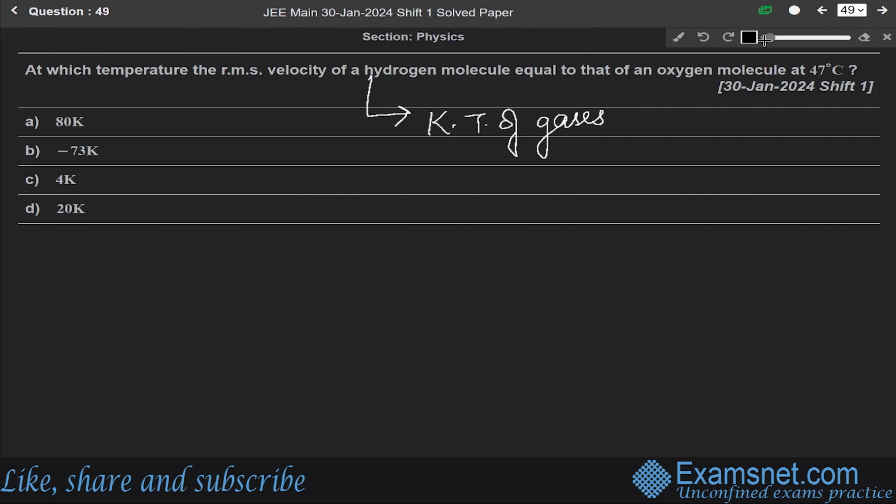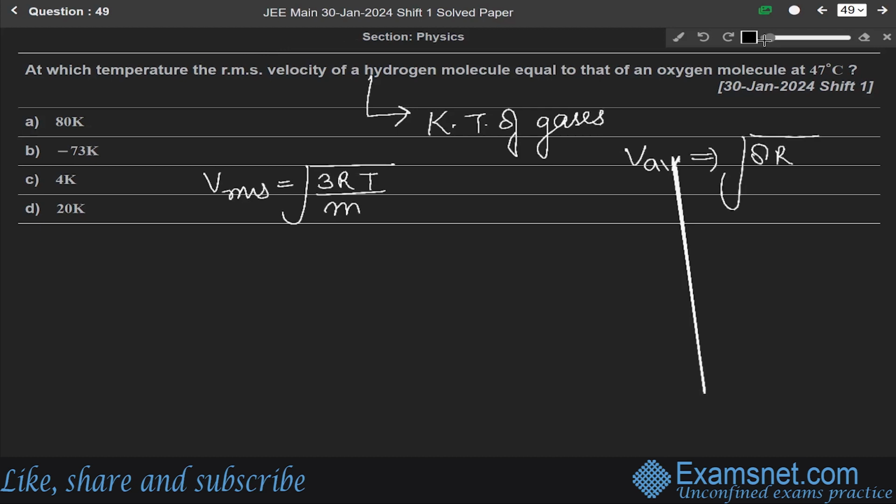So the direct formula for the RMS velocity is Vrms equals under root 3RT over M. If the question is about the average velocity, at that time we write under root of 8RT over pi M. If the question is about the most probable velocity, we write under root 2RT over M, but it is asking about RMS velocity. So the formula for RMS velocity is under root 3RT over M.